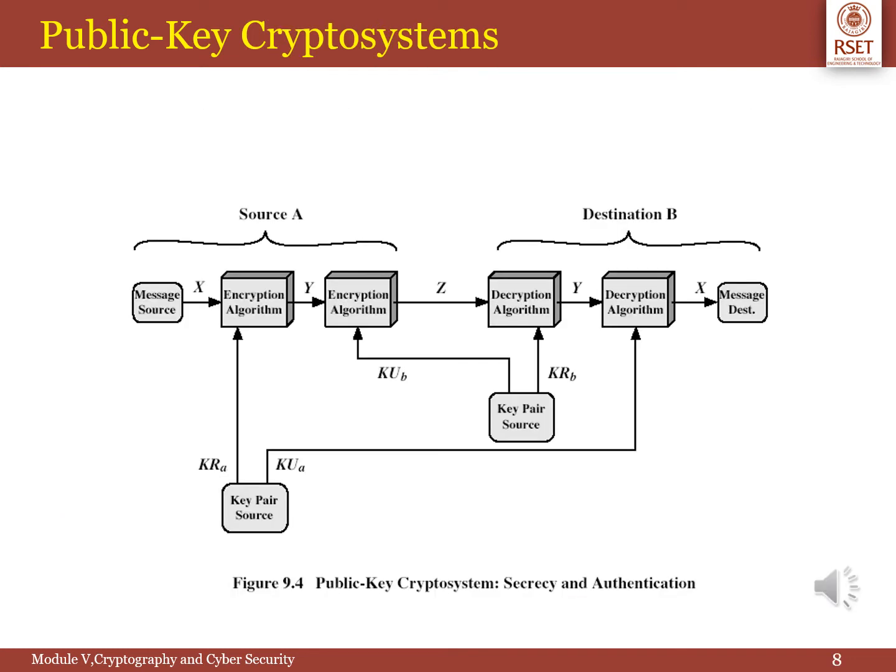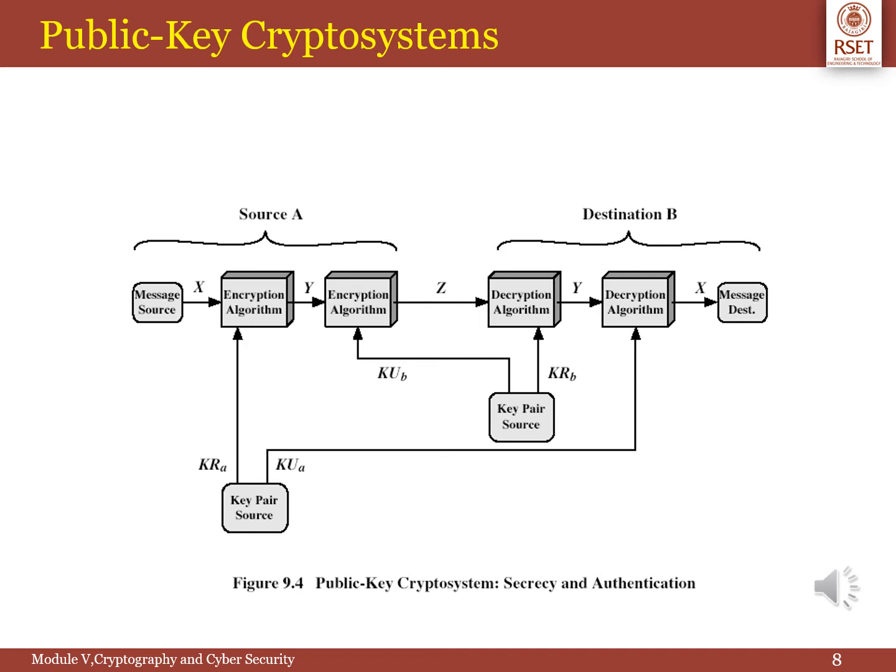This block diagram helps us to explain how the public key cryptosystem can be used to ensure the confidentiality as well as authenticity of the message. Here there is a message source which generates a message that is depicted as X in the figure, and initially this X is encrypted using the private key, KRA, which is the private key of A. Only A will have its private key.